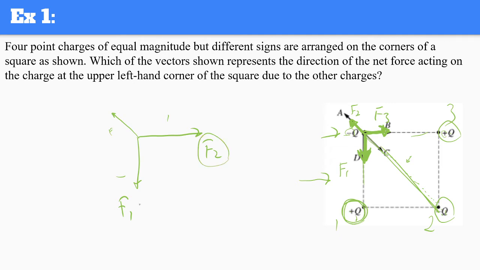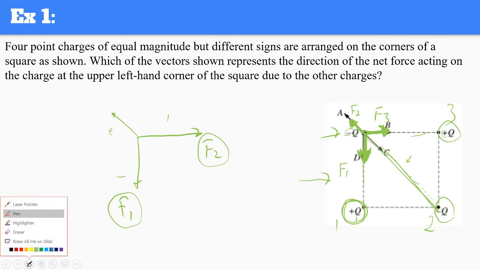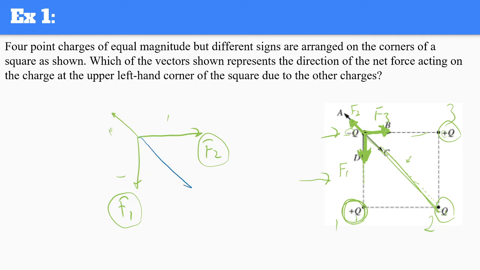So now we have F2 and F1 together. What we need to do is put them together. Once we put those two together, what are we going to observe? They're going to be going in this direction. So F1 plus F2. This vector is even larger than F1 and F2.